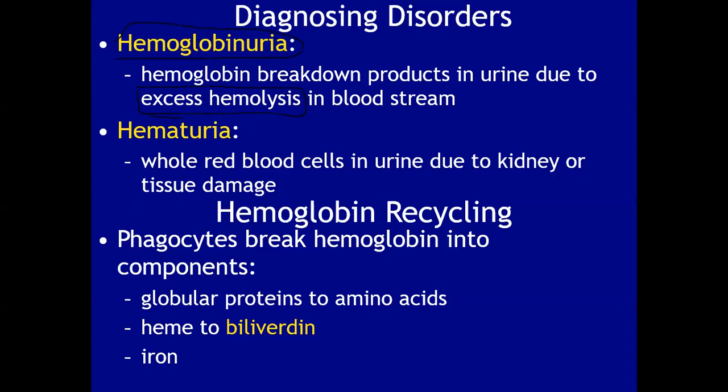So finding hemoglobin in the urine often is a symptom that we've got an issue with blood cell breakage, blood cell lysing. If we find whole red blood cells, which is much more common, if you find red blood cells in your urine, that is always a trip to see your doctor.